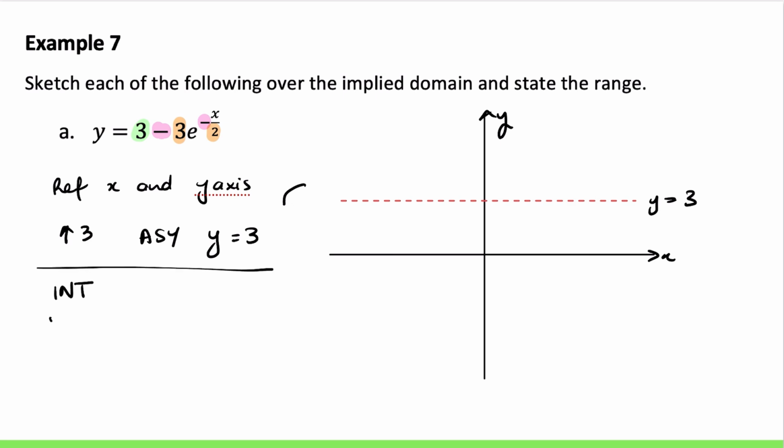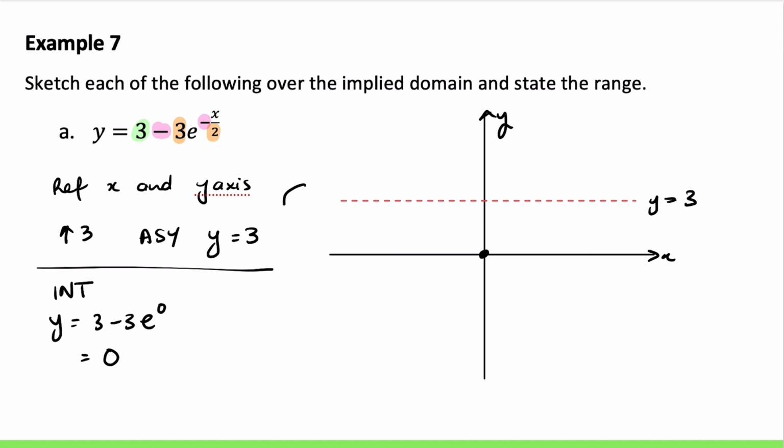All right, for our y-intercept, we'll make x equal to 0. So that will just all be to the power of 0. E to the power of 0 is just 1, and then 3 minus 3 is 0. So that's actually really lovely because that means that it should just go straight through the origin. If you want to confirm, you can make y equal to 0 and rearrange and check that that is correct. But if our y is going through 0, then so should our x. I'm just going to check that one more time.